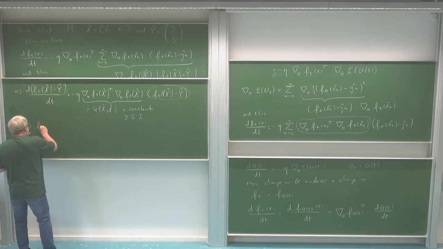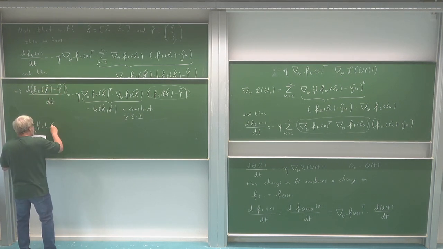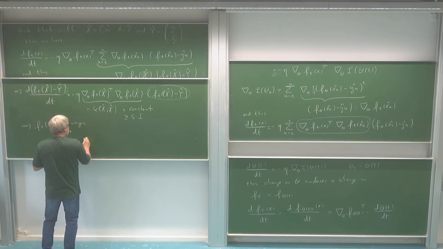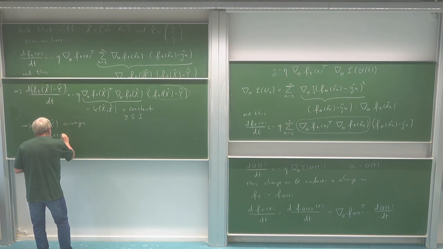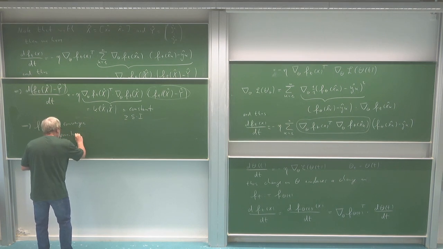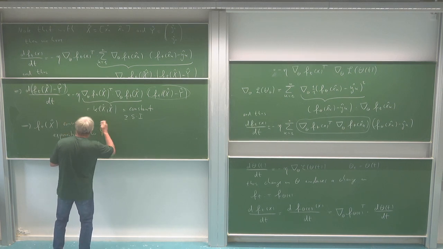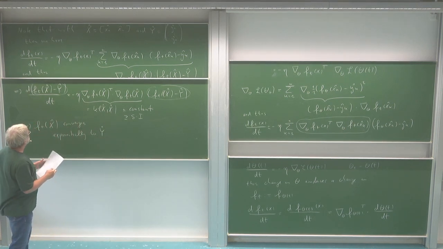So this means f_t of x hat converges exponentially to y hat, or maybe the difference is exponentially going to 0.